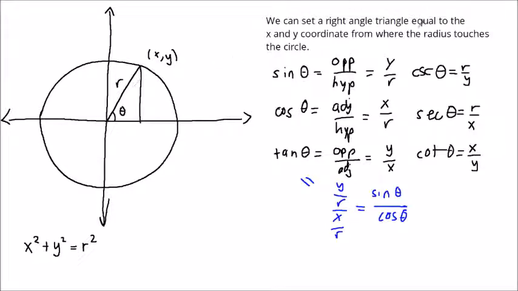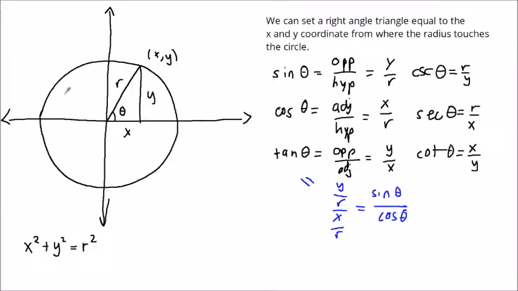So we can set this right angle triangle to sine theta, which is y over r, opposite over hypotenuse, the y coordinate over r, the radius of the circle. Cosecant is r over y, cosine is x over r, and secant is r over x. Tangent is y over x, because opposite over adjacent, and cotangent is x over y.